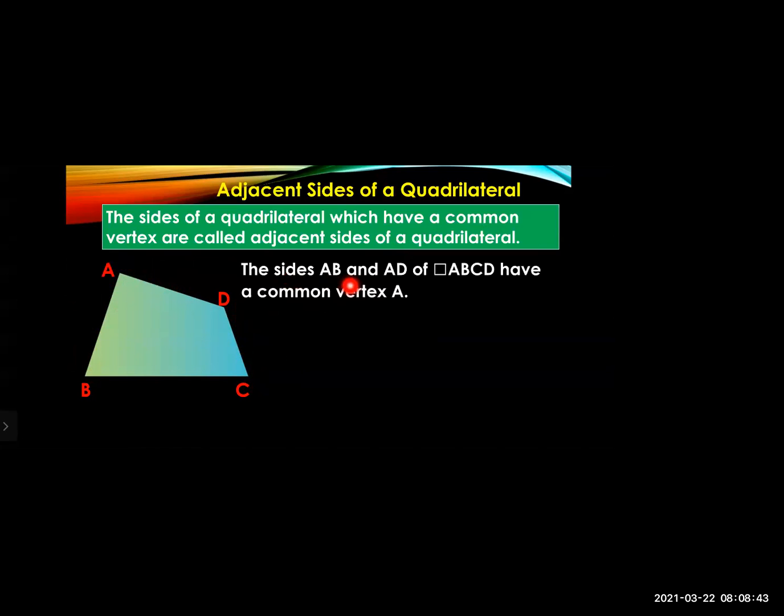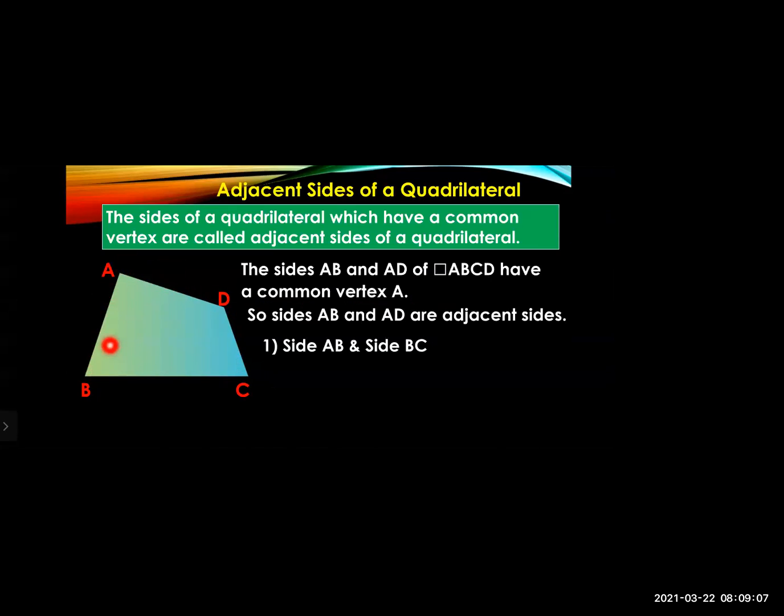The sides AB and AD of the quadrilateral have a common vertex A. So sides AB and AD are adjacent sides. When they have a common vertex, those sides will be adjacent sides, or you can say neighbor ones.